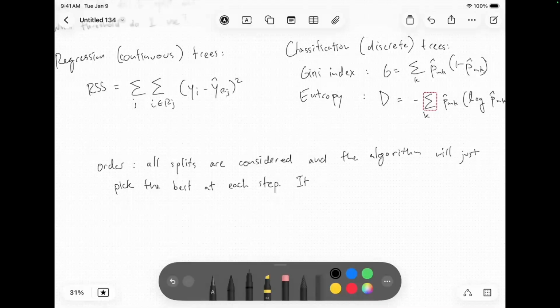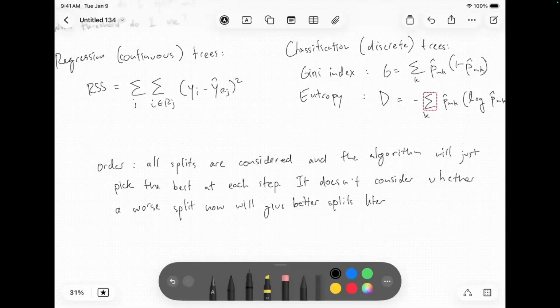It doesn't consider whether a worse split now will give better splits later.